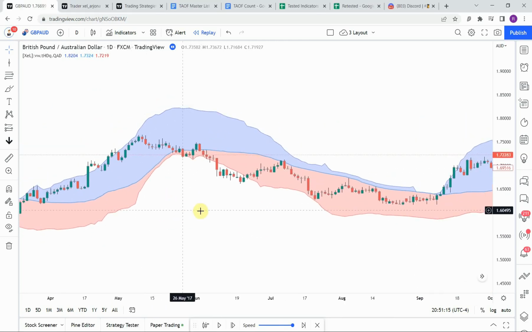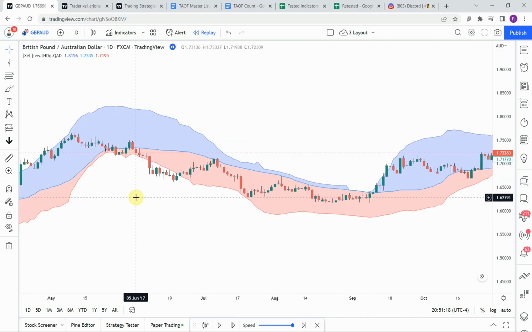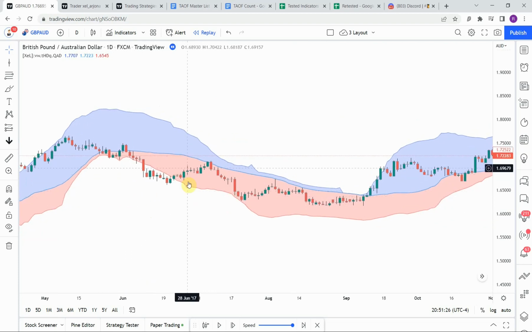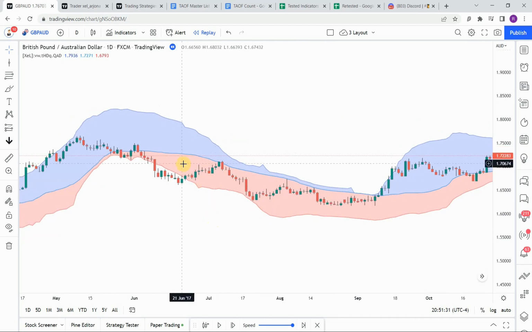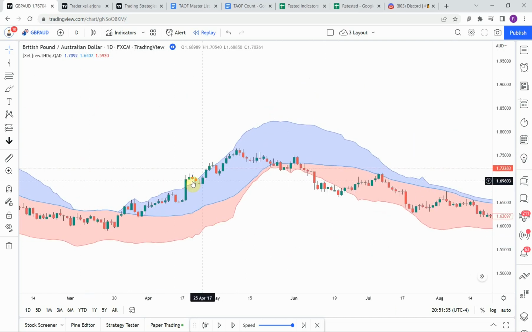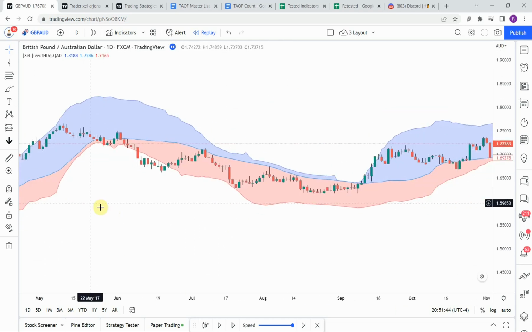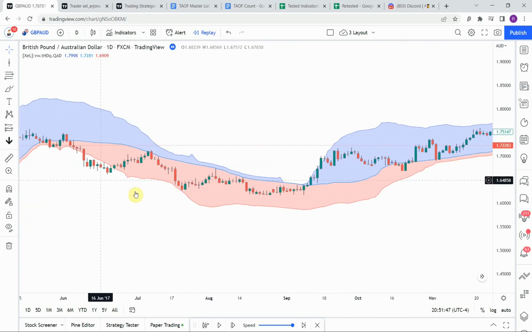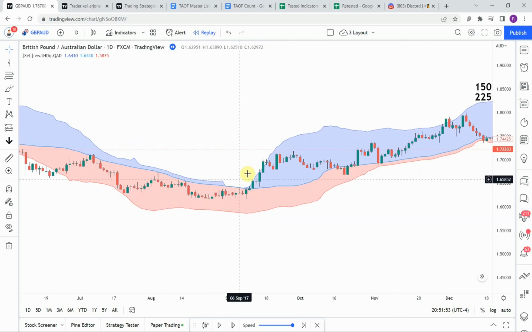As you can see, because this is a weighted indicator, these zones are kind of ballooning in the direction that the trend is going in. Anytime we get a nice push to the upside, you can see that we get a balloon of the blue section to the top side there. And anytime we get a push to the downside in a downward trend, we get that balloon to the downside that starts to overtake.